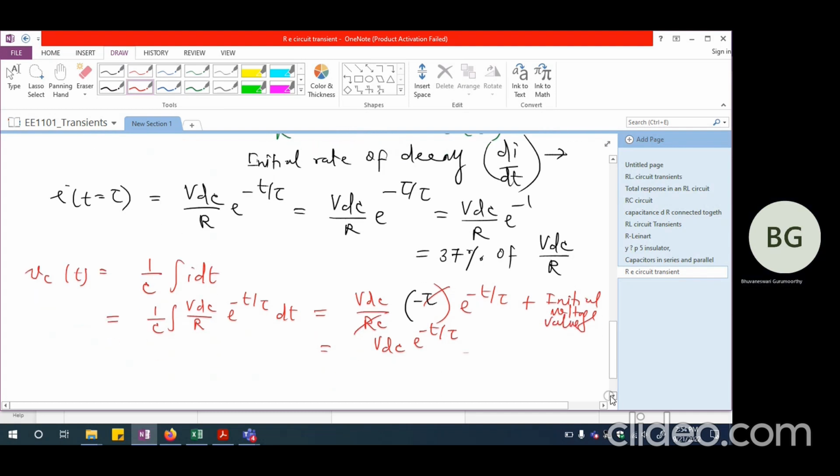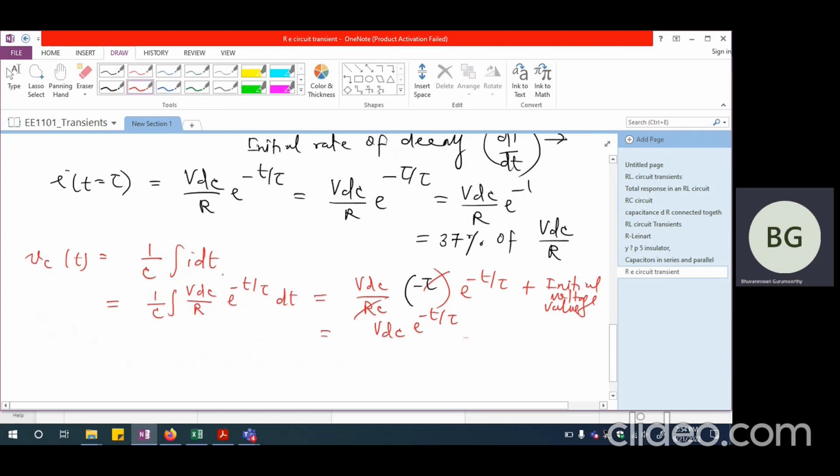Okay, so this is going to be solved by substituting the initial condition. So I should say VC of 0 equal to 0. That's what we had assumed: the initial value of capacitor voltage is 0, at time t equal to 0. So this is going to be VDC multiplied by, so this is VDC plus K naught.